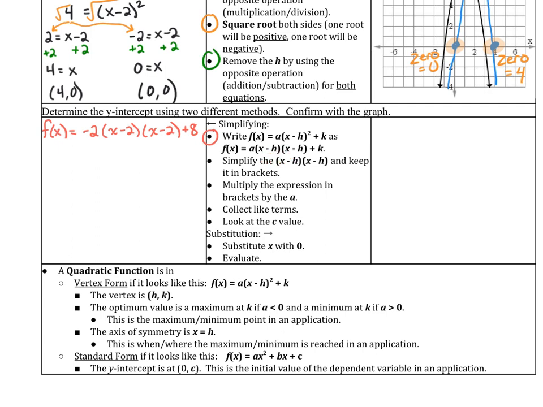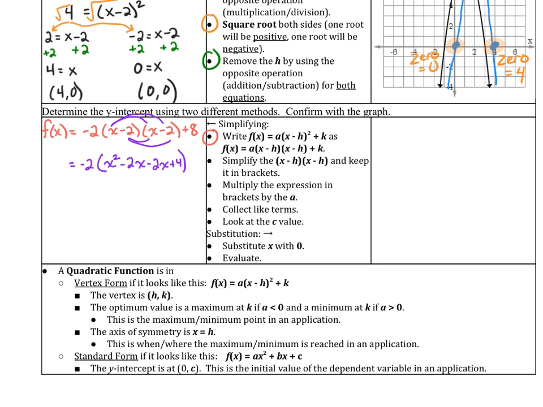Now what we're going to do is expand the brackets. That is multiplying two binomials, and you end up with x times x is x squared, x times negative 2 is negative 2x, negative 2 times x is negative 2x, and negative 2 times negative 2 is positive 4.